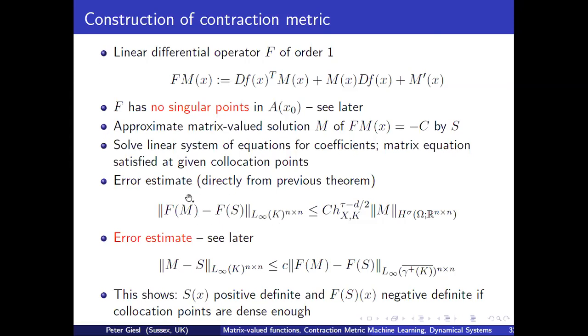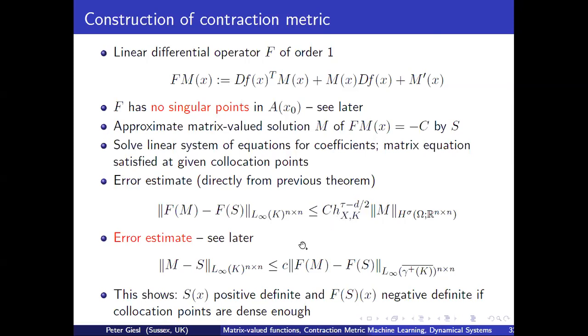Remember that our error estimates are in terms of f of m. So we had this error estimate f of m minus f of s, the L infinity norm, is bounded by this quantity, basically treating m and c as a constant. And this here is the fill distance, and that will go to 0.